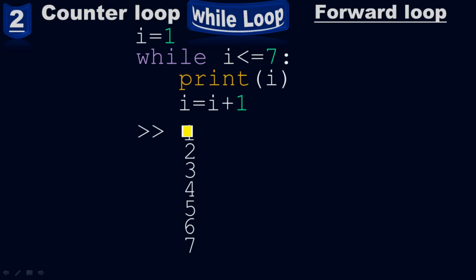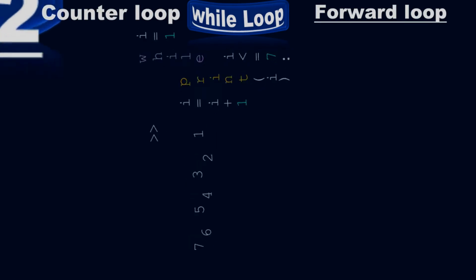So this will be the output after the execution of the while loop multiple times. It is the forward counter while loop. It is going forward like 1, 2, 3, 4, 5, 6, 7. It is in ascending order, not in descending order.